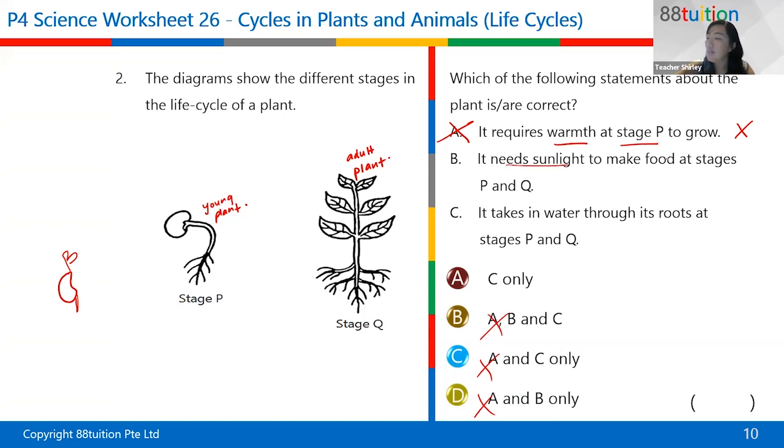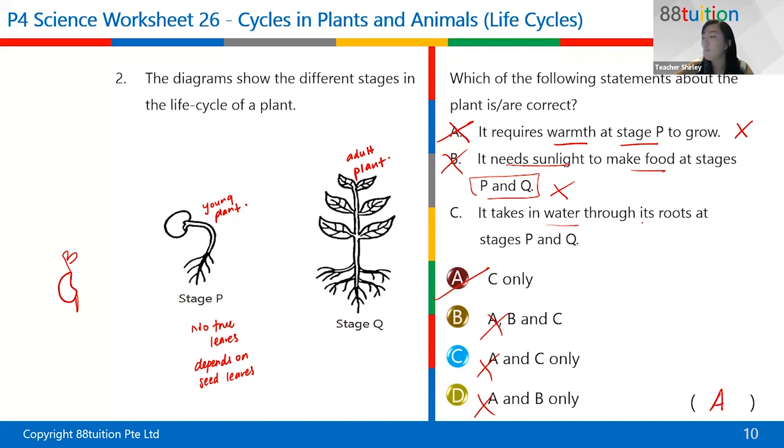Next: it needs sunlight to make food at both P and Q. This is wrong because at stage P, it still does not have true leaves. Because it does not have true leaves, it cannot make food. It depends on its seed leaves to provide it with energy. So this is also wrong. So the only answer is C.